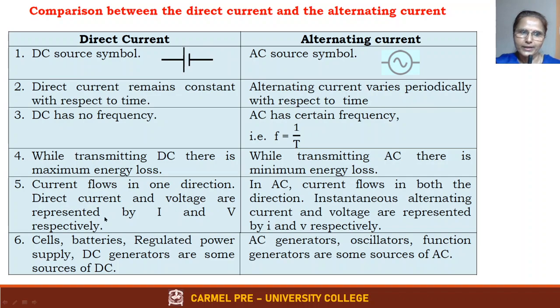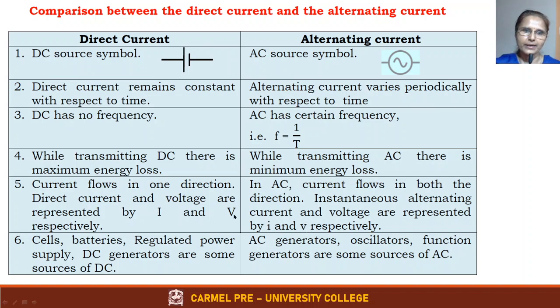Current flows only in one direction and it is represented as capital I, capital V, DC. Whereas AC is represented as small i and small v, because it keeps changing and it varies at every instant of time. It is called instantaneous alternating current and voltage. At every instant of time the current and voltages are different. It varies. That is why they are represented by small i and small v.